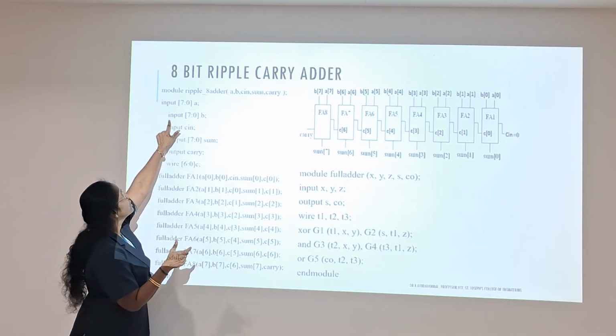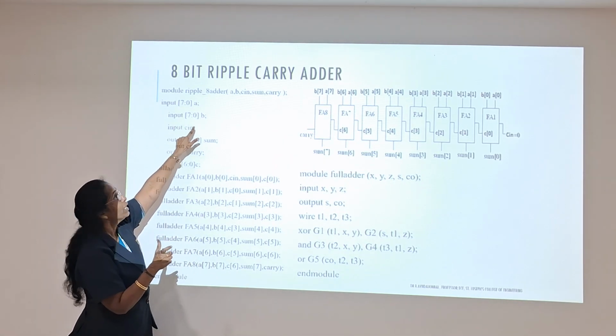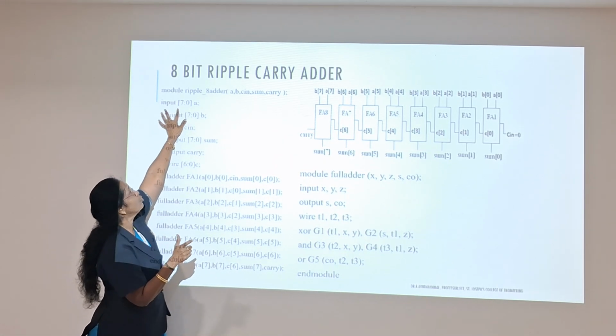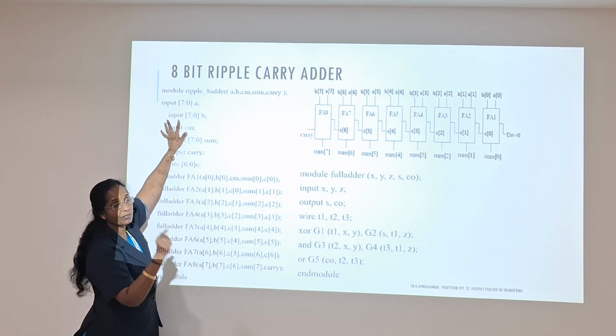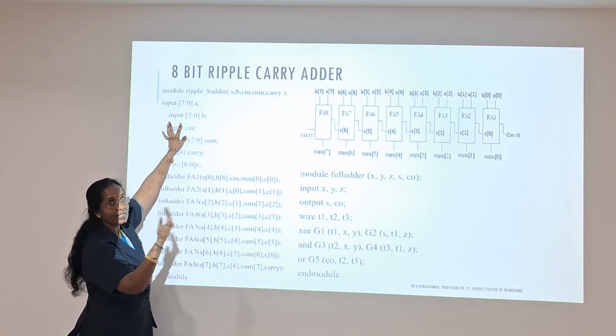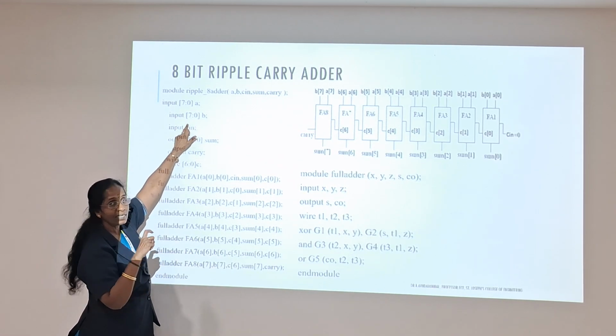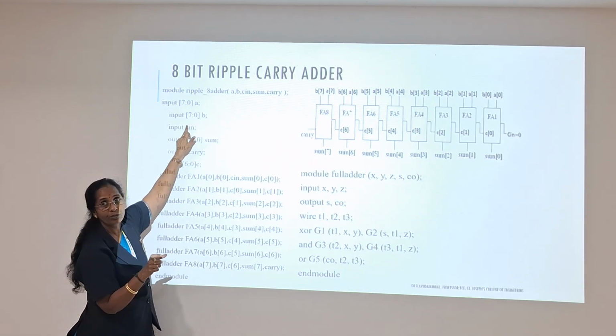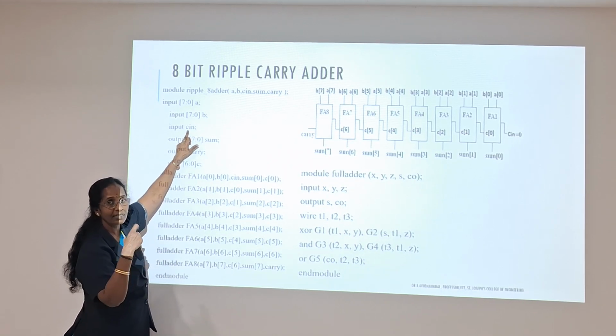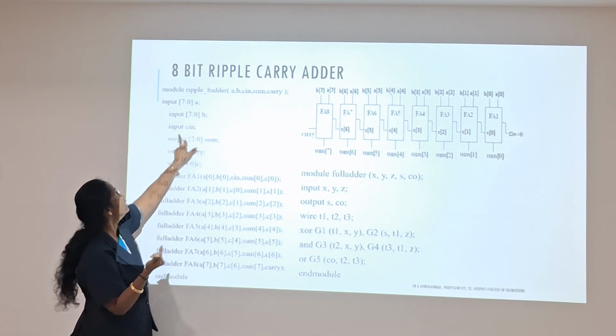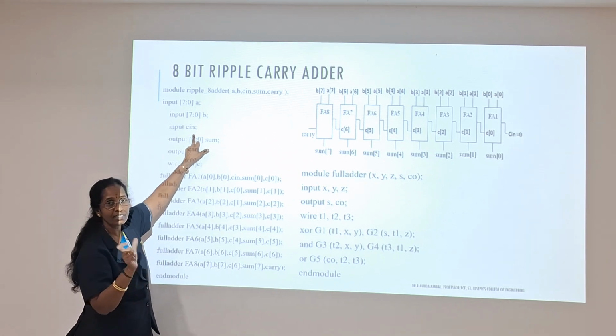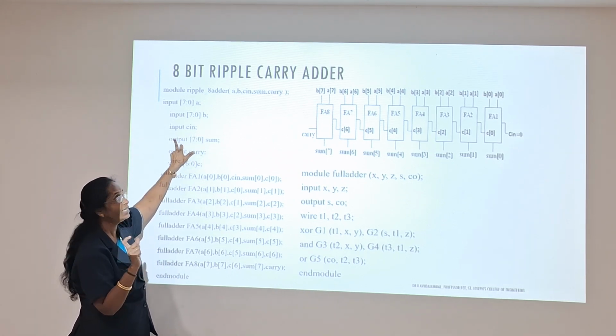Therefore, I am declaring it as an array. Therefore, A is a variable from 0 to 7. That is my array, therefore A0 to A7. My second input is B and that is also 8 bits wide. Therefore, 0 to 7. Whereas the carry in is going to be 1 bit only. Therefore, input Cin alone. Cin is a variable I have used. This input is a keyword.